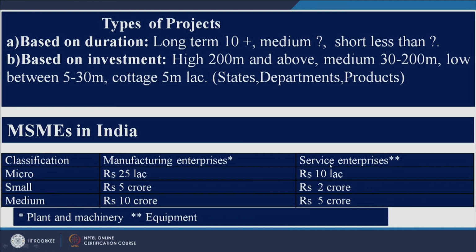Similarly, for service enterprises, you have investment on equipment only, not on land and buildings. For example, a pathology lab can be put under service enterprise. If the investment is up to 5 crore, we will call it medium, otherwise if it is up to 10 lakh, we will call it micro.